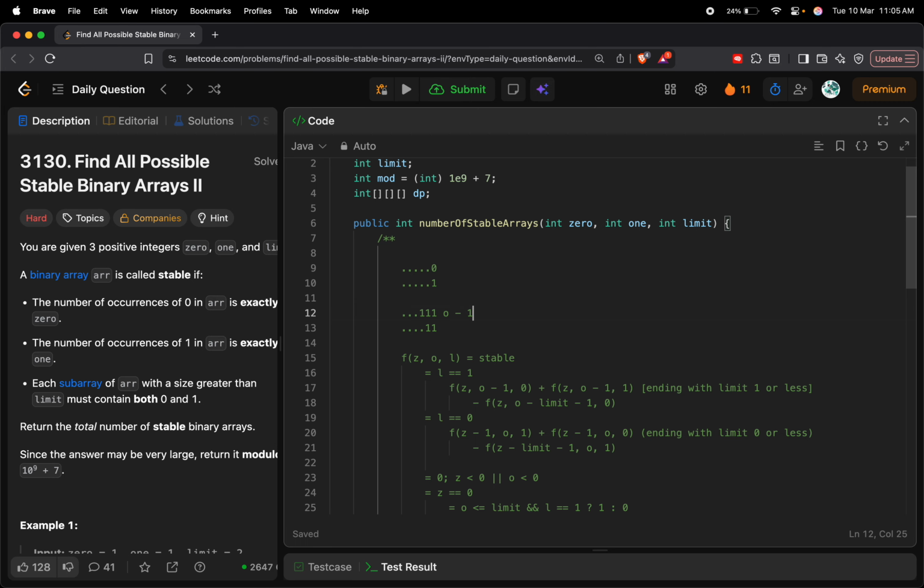For the rest of my array I have to form stable arrays. I need to know how many stable arrays I can form. Now again this stable array can also end with zeros or ones.